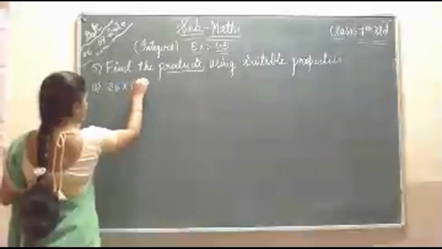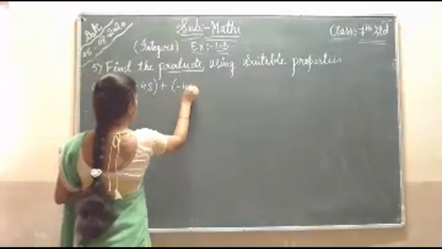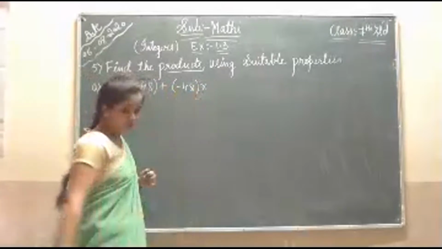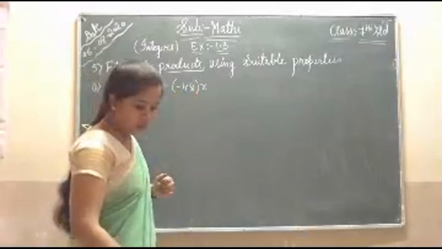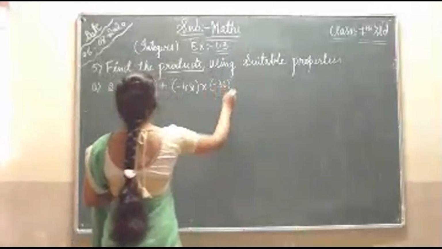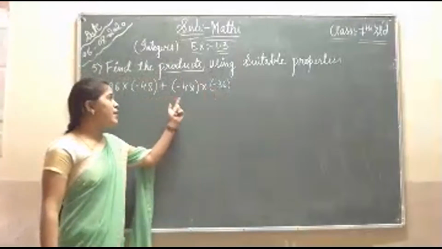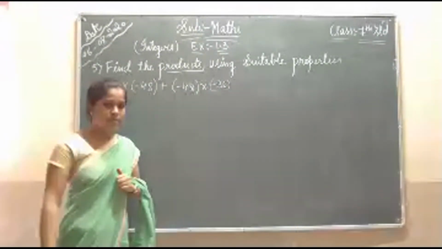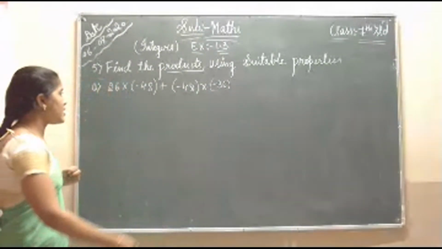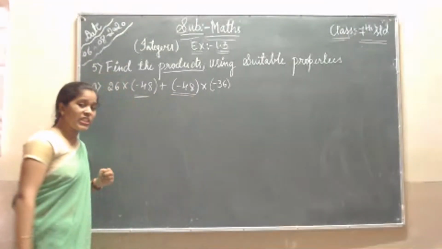26 into minus 48 plus minus 48 into minus 36. See here, this is your question. 26 into minus 48 plus minus 48 into minus 36. See here, dear students, here the repeating number is minus 48.